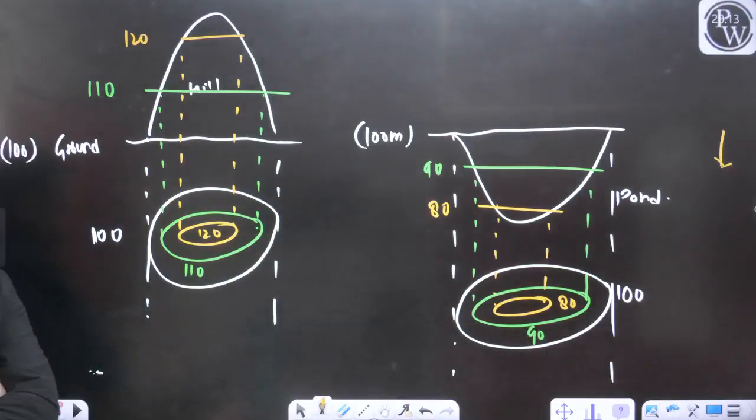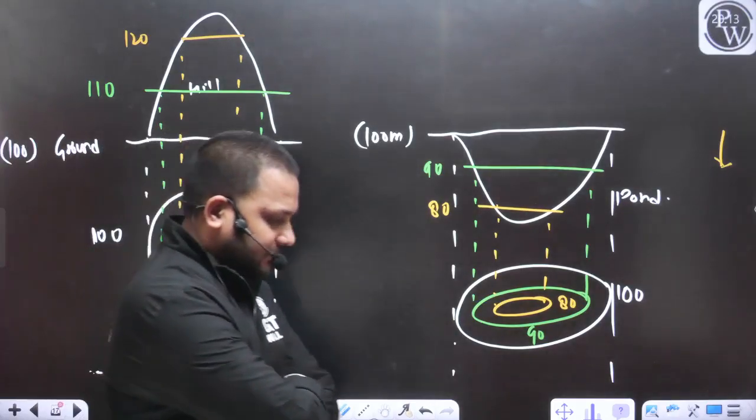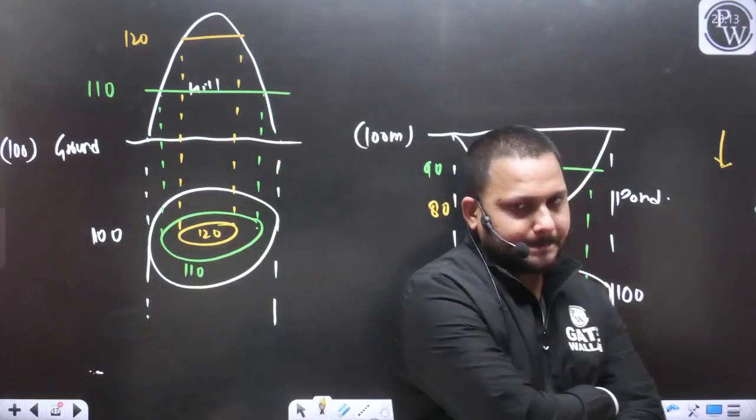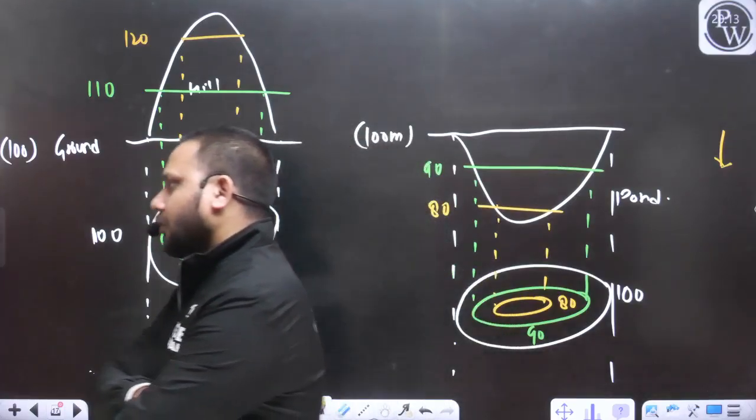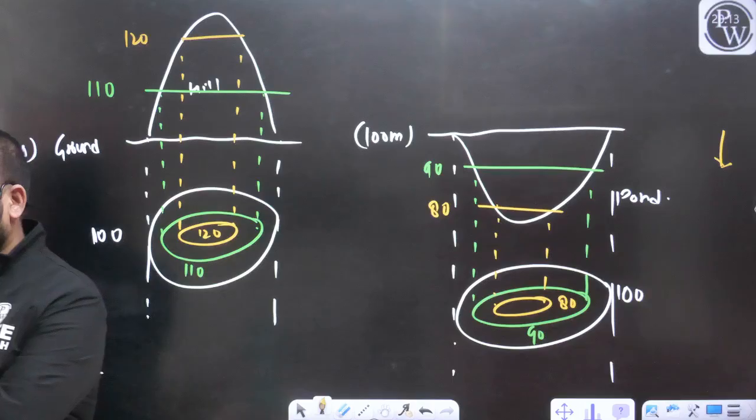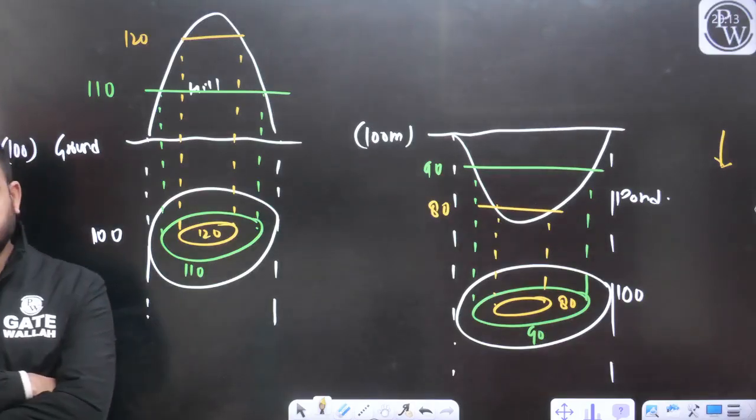We will get the contour map like this, yes or no? Tell me in the chat box.